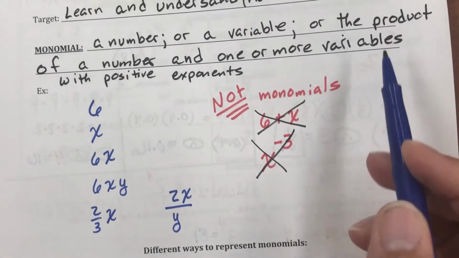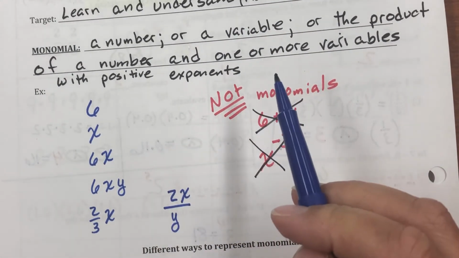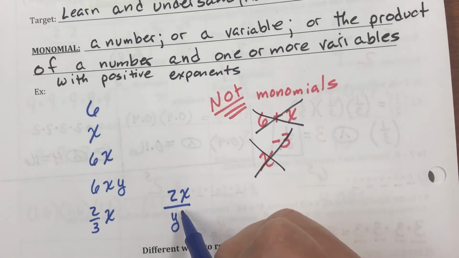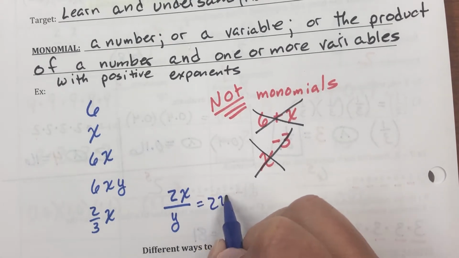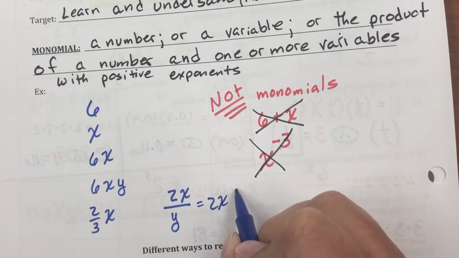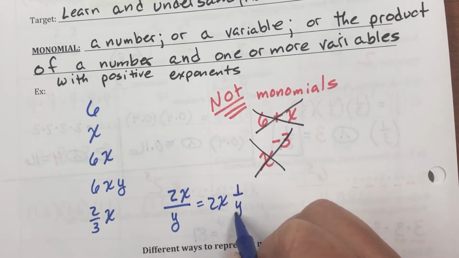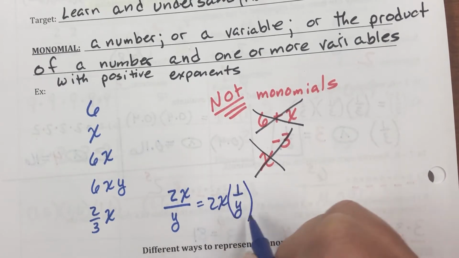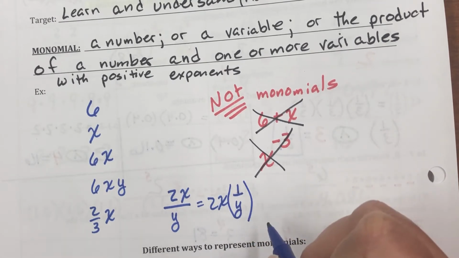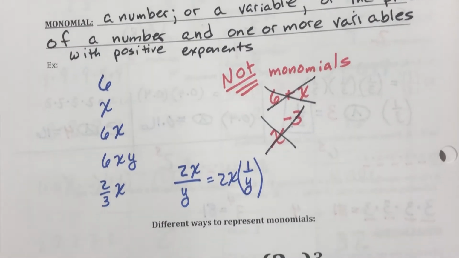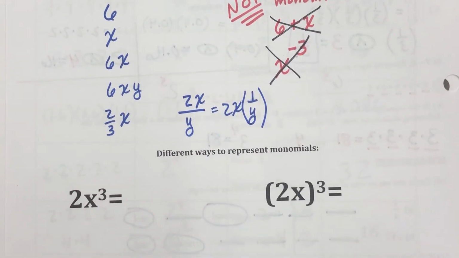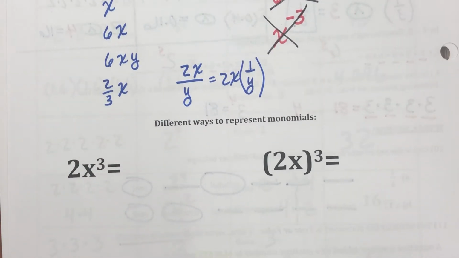Oh, it doesn't say anything about division up here, does it? No. But I can rewrite this as 2x times 1 over y. I could rewrite that as multiplication. And then, guess what? It's a monomial. Okay, so there's a bunch of different ways to write monomials.